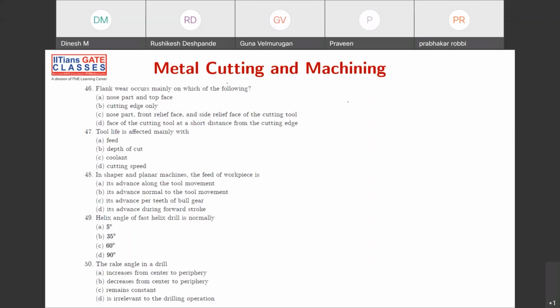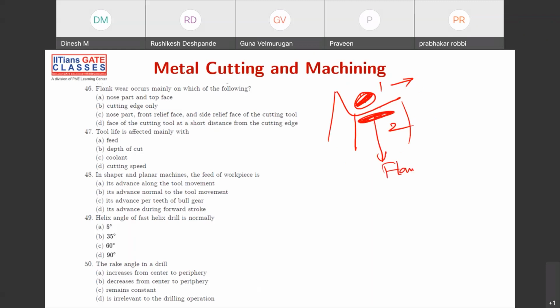Obviously, in this tool you have this. What is this? And what is this? 1 and 2. What is one? Crater. And what is this? Flank.